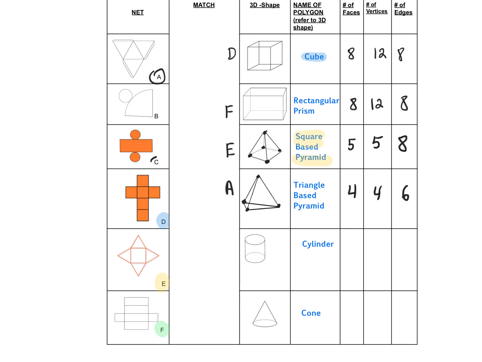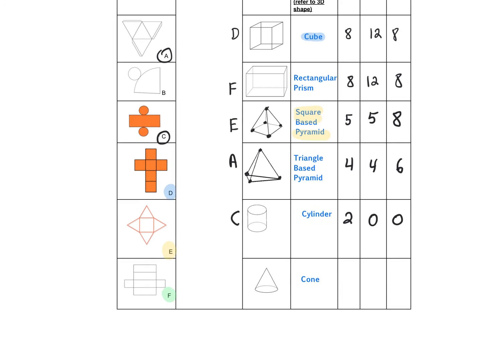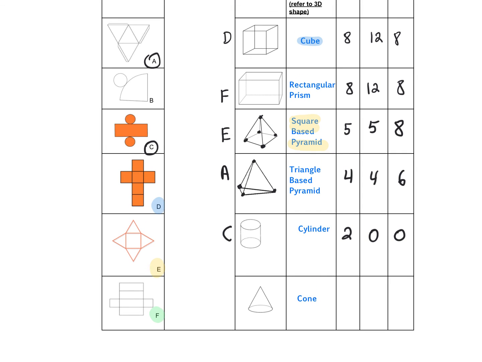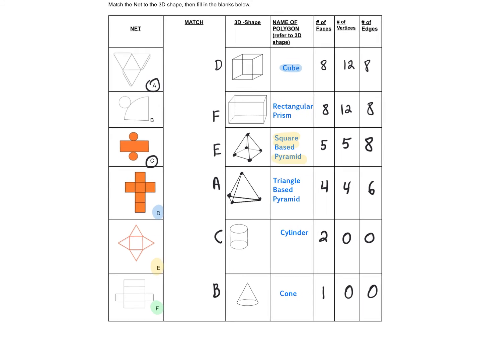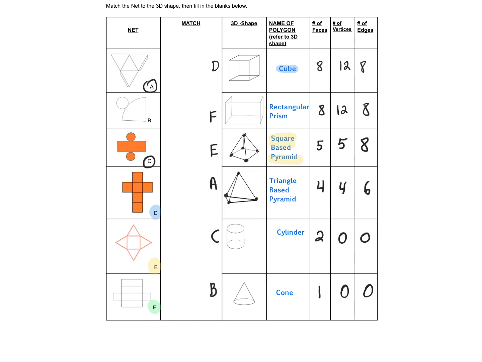My cylinder matches C here, and my cylinder, remember, I have 2 faces since it's curved there. I don't have any vertices or edges. And my last but not least, my cone here is B, and I only have 1 face, no edges, no vertices. Okay, now that you're done, you can go ahead and start your math space review.